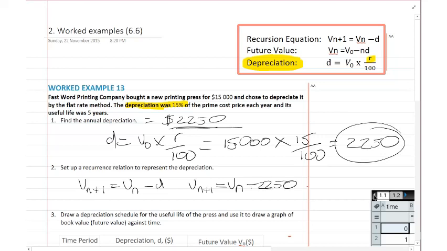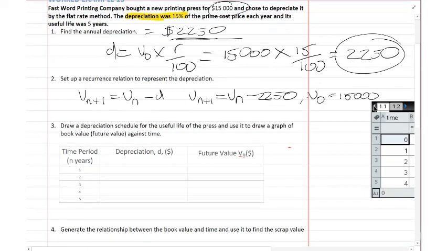Remember, because it's depreciation, it's got the negative sign there. Then we say V0 being 15,000. You need to make sure you state what that is.